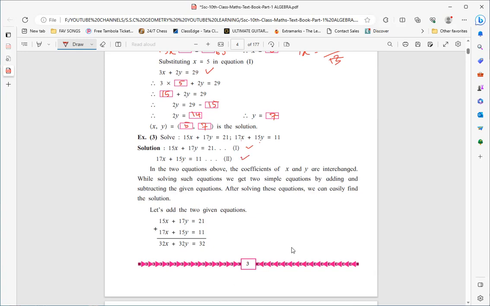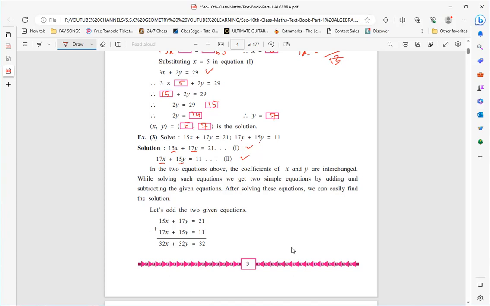Now, as you can see, the coefficient of x is 15 and the coefficient of y is 17 in the first equation. In the second equation the coefficient of x is 17 and of y is 15. So in this case, the coefficients are interchanged. When we solve this equation, you do addition and subtraction.